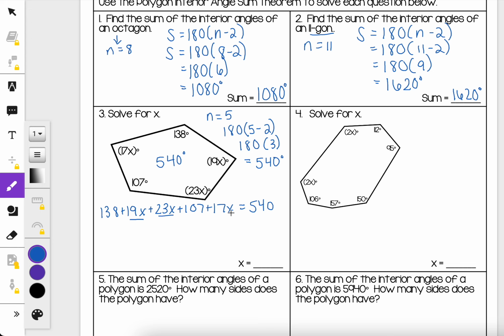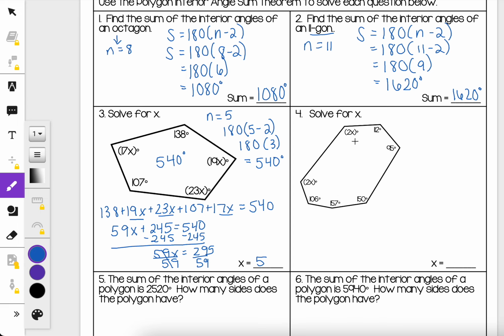All right, so I'm going to combine all my x's to get 59x plus 245. All right, I'm going to subtract 245 from both sides. And 59x equals 295. Divide both sides by 59. And x equals 5.